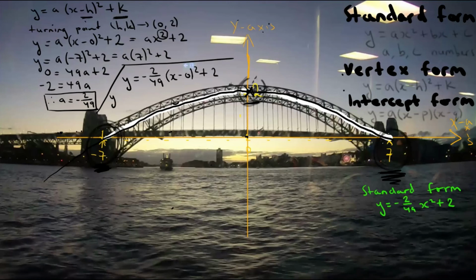This can be rewritten as y is equal to minus 2 over 49, x minus 0 is just x squared, plus 2. And surprise, surprise, does this look familiar?